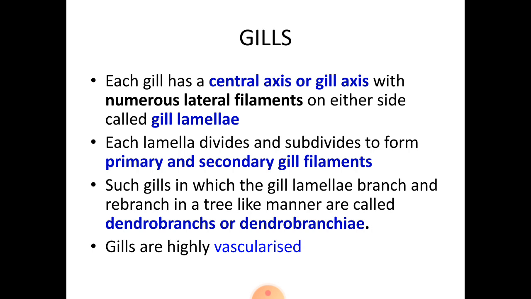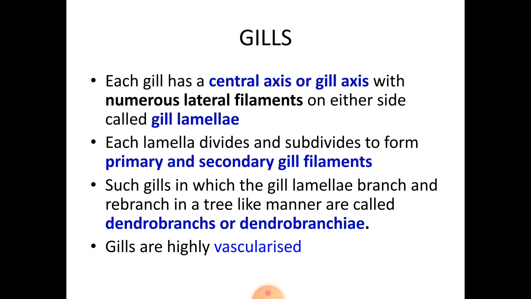Each gill has a central axis, known as the gill axis, with numerous lateral filaments on either side, just like the arrangement of a feather, a central axis and side branches. These lateral filaments are known as gill lamellae, and the gill lamellae again divide and subdivide to form primary and secondary gill filaments.